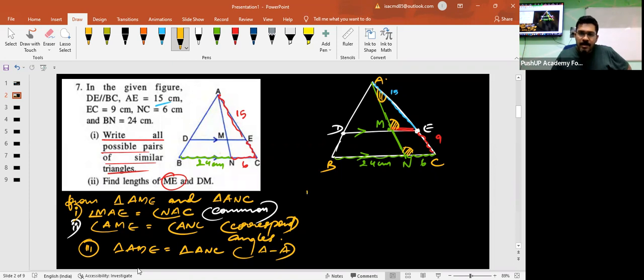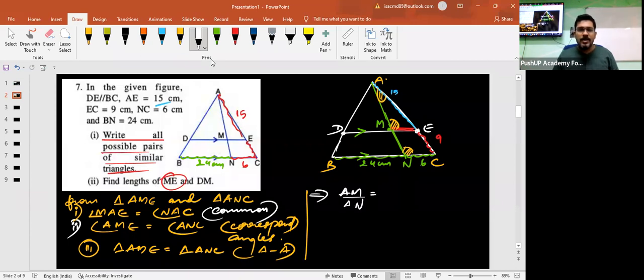Once we are done with that, we can use the thumb rule. What is the thumb rule? Writing the ratios of its corresponding sides in proportion. So this implies AM upon AN is equal to ME upon NC is equal to AE upon AC. Now what we have to find? We have to find ME. So where is ME lying?